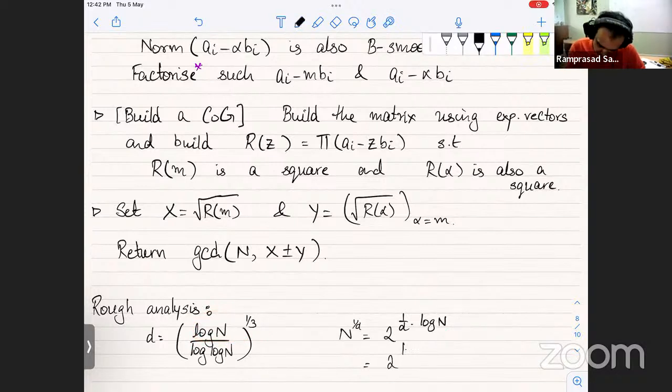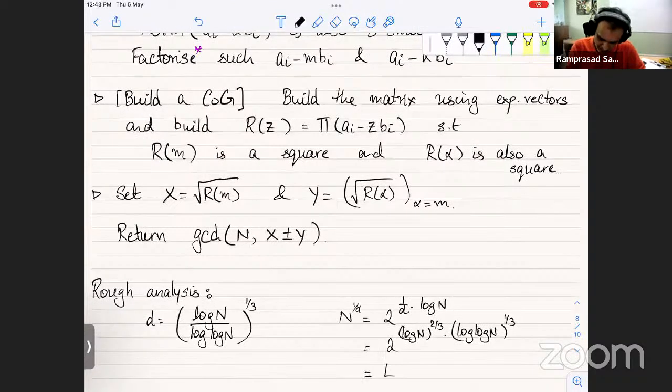So this is 2 to the power log n to the 2/3 times log n to the 1/3, which we know is like L 1/3. Sorry, L 2/3. Again, I don't care about the constants involved at this point, because we are doing a first order analysis. Is it okay so far?